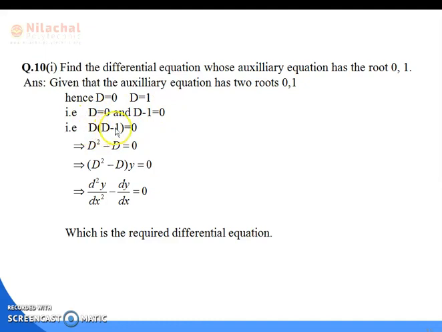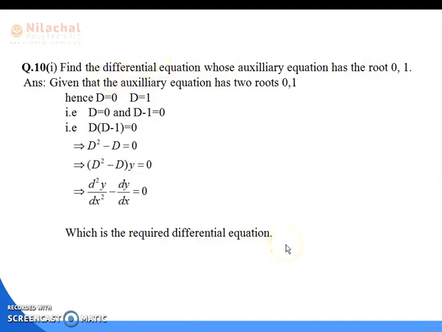After that you just simplify this one: D into (D minus 1) equal to 0, that is D square minus D. Into y equal to 0 also you can write. Then you convert this equation into the normal differential equation. Capital D square y means d square y by dt square, minus capital D y means dy by dt, equal to 0. Clear? Now you can see your answer is a differential equation which is the required differential equation. Likewise, if roots are given, you can obtain the differential equation.